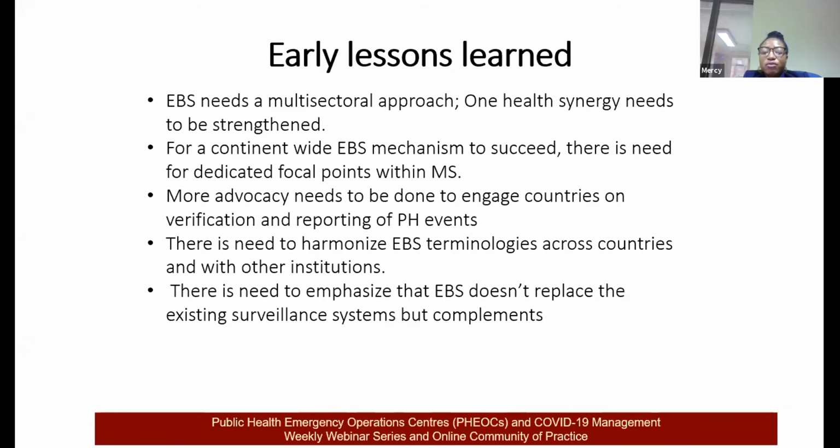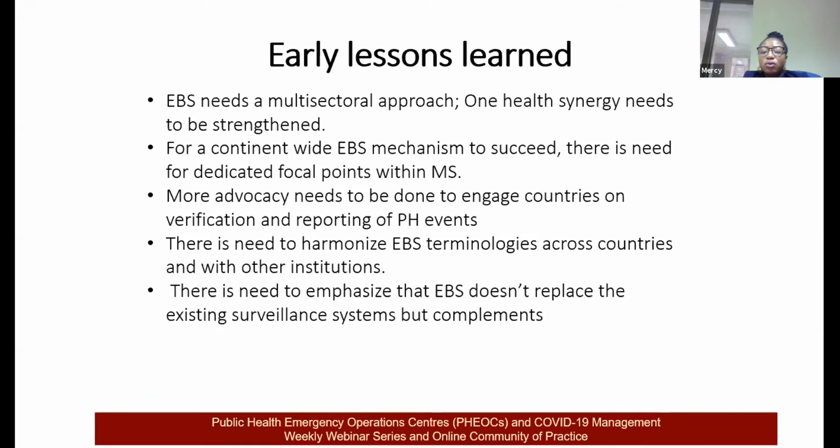Because sometimes when we send information to countries for verification, the human sector really doesn't have that collaboration with the animal sector. So we have that gap, and sometimes signals fall between the cracks. So there's that need for a multi-sectorial approach within countries. And as Africa CDC, that's what we are also struggling to build. It's work in progress, by the way.